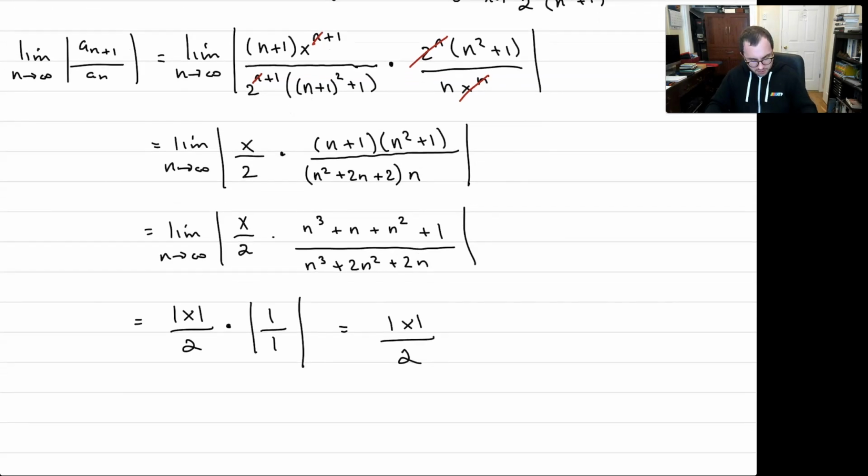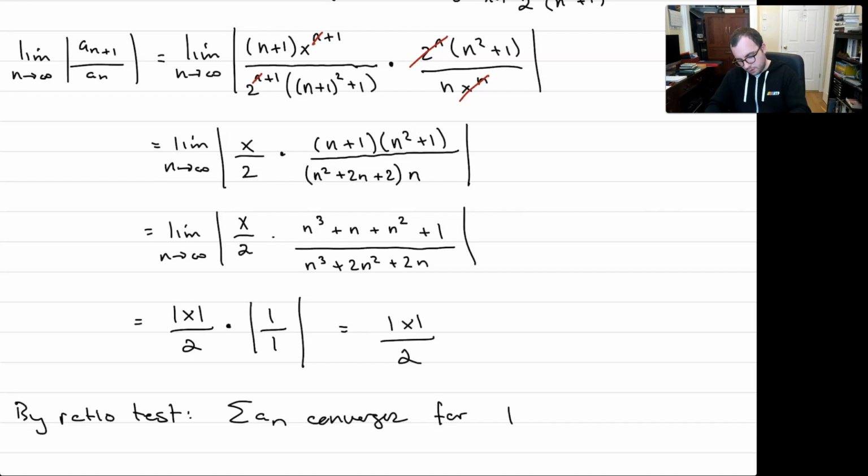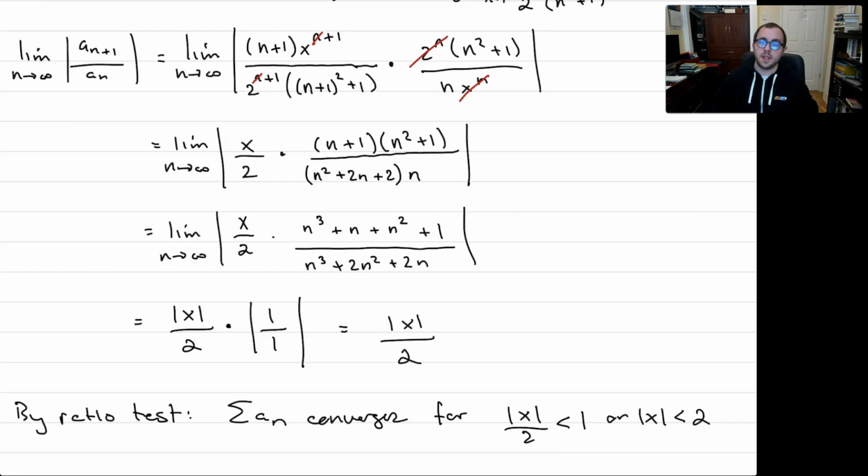So by the ratio test, this series converges for the absolute value of x over 2 less than 1, or the absolute value of x less than 2. So this series converges by the ratio test whenever the absolute value of x is less than 2.